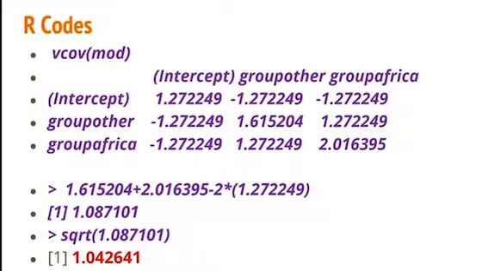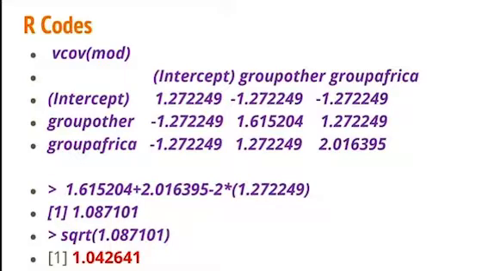You know what you want to do here? You basically want to look at the difference between group Africa and group order. That is not part of the regression output initially, and that is why you're trying to figure it out this way. Then you get the variance, but what I need is the standard error of that, which is the square root of the variance.